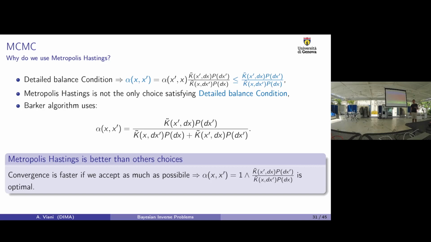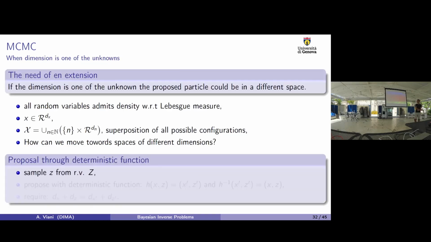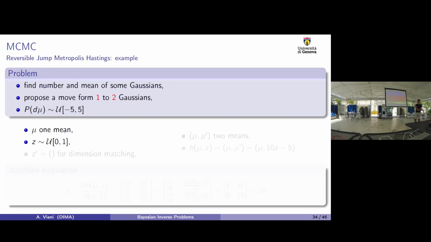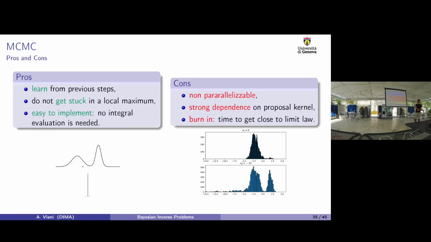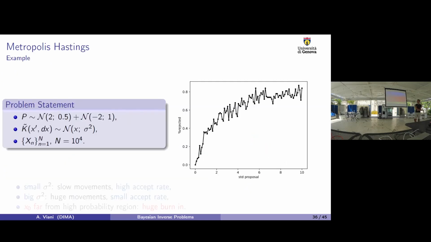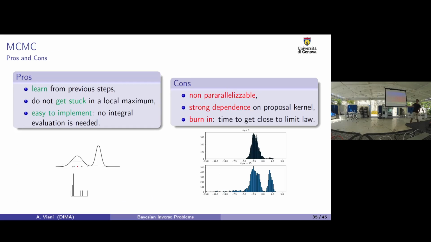Okay. So it also depends on the kernel? Yes, right. Just think that if you do little steps, you wait a lot of time to move. If you do big steps, you can move here in only one jump.